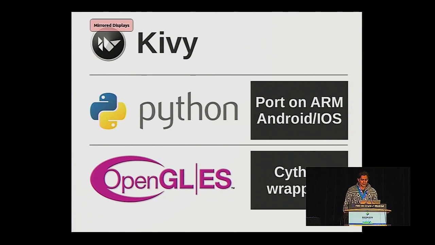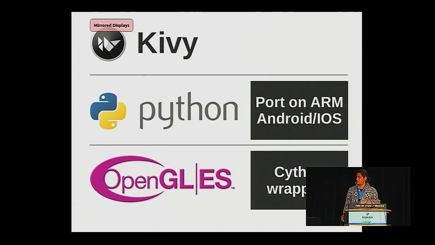Well, rather the OpenGL ES functions, because OpenGL ES is the subset of OpenGL for embedded systems, which are the mobile platforms as well. So we have the Python interpreter, we have the wrappers of OpenGL functions. In general, that's all you need to make graphical applications if you're proficient with OpenGL.